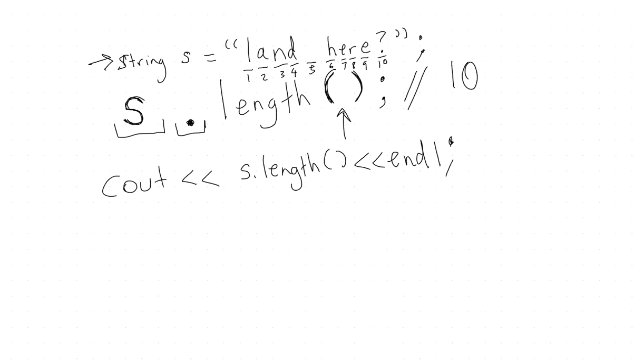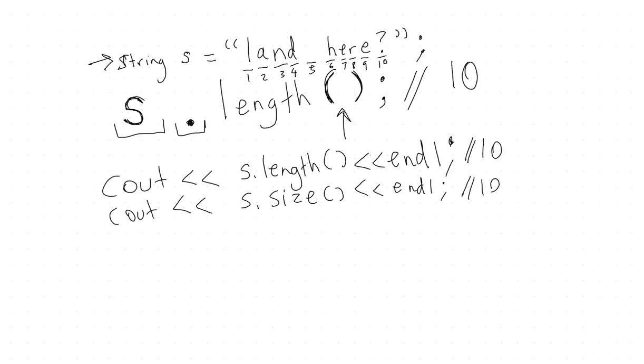A similar method to length is size. So I think this will give you the same result, which is 10. I'll go over all the string methods first, and then I'll go over some problems that use them.